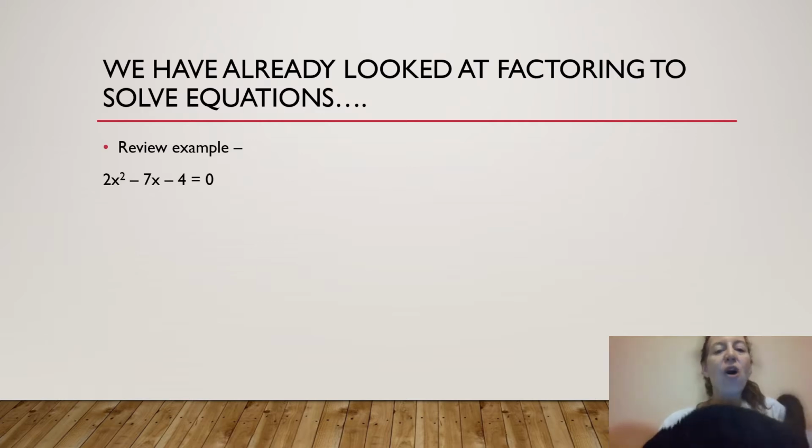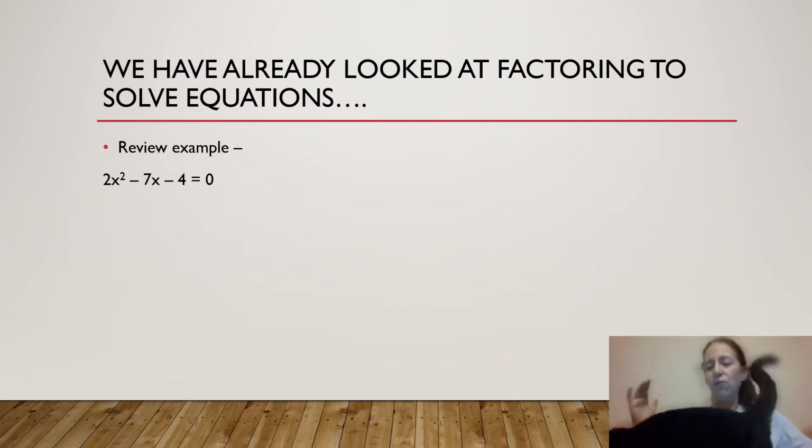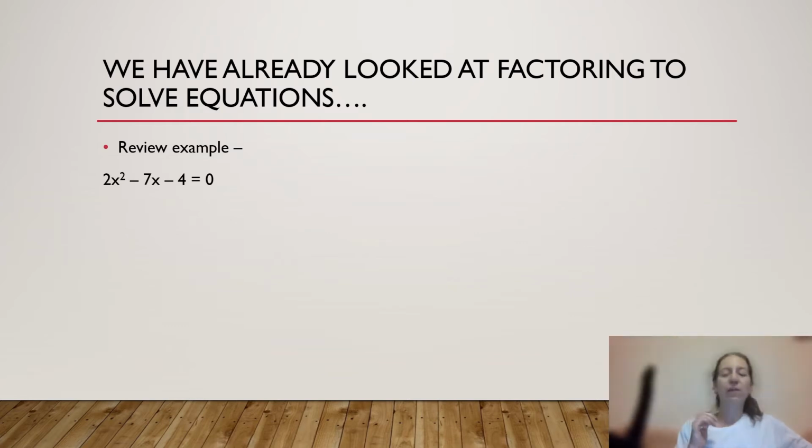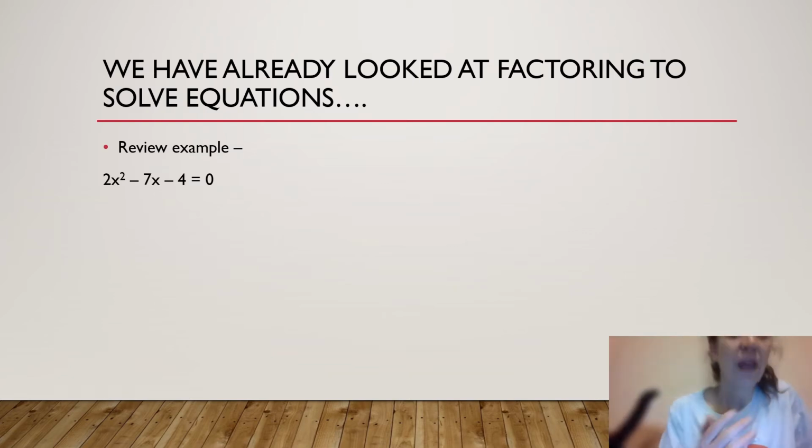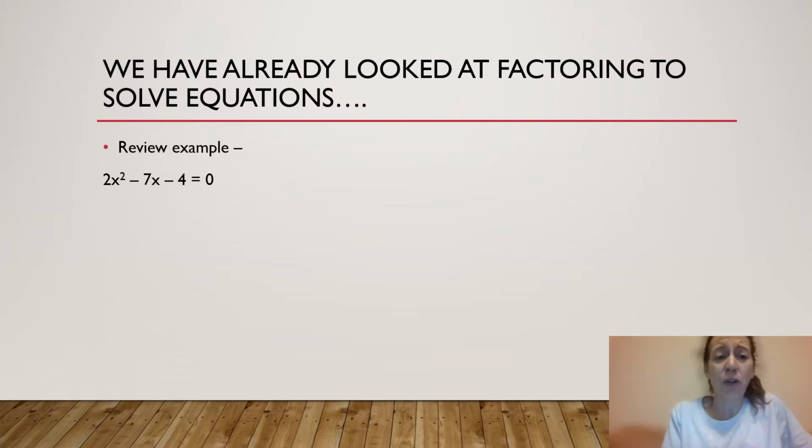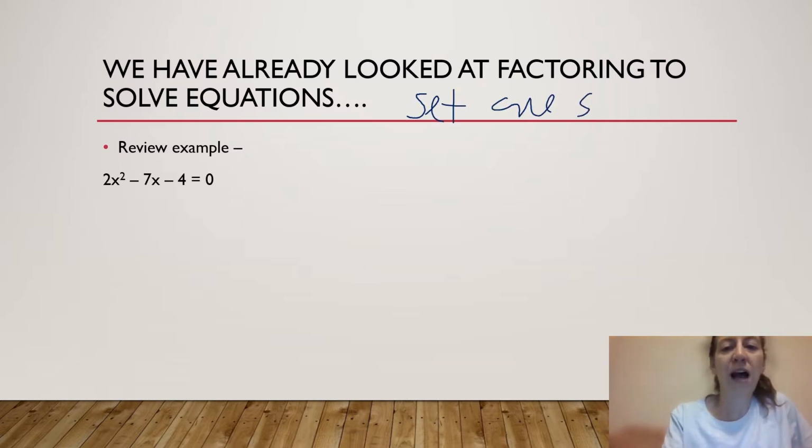So we've already looked at solving equations by factoring, okay? And so I did want to review an example of that just because I know that it tends to be a bit of a weaker skill, and it's just one of those things that we can't really go over too much. So when you're solving an equation by factoring, the first thing you need is to set one side equal to 0.